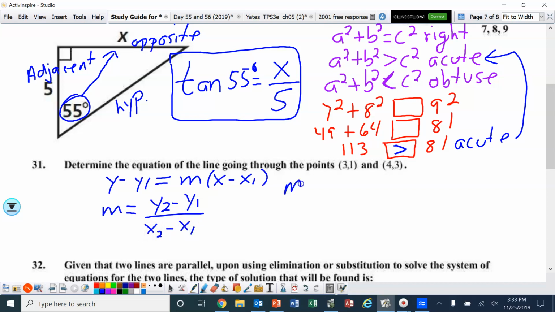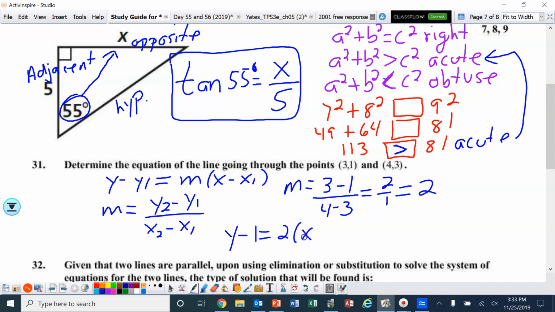All right, so the slope is going to be 3 minus 1 over 4 minus 3, which is 2 over 1, or 2. All right, now I'm going to plug other numbers in. So y minus, okay, y1, I'm going to put 1 equals 2 times x minus 3. So that would be y minus 1 equals distribute 2x minus 3.